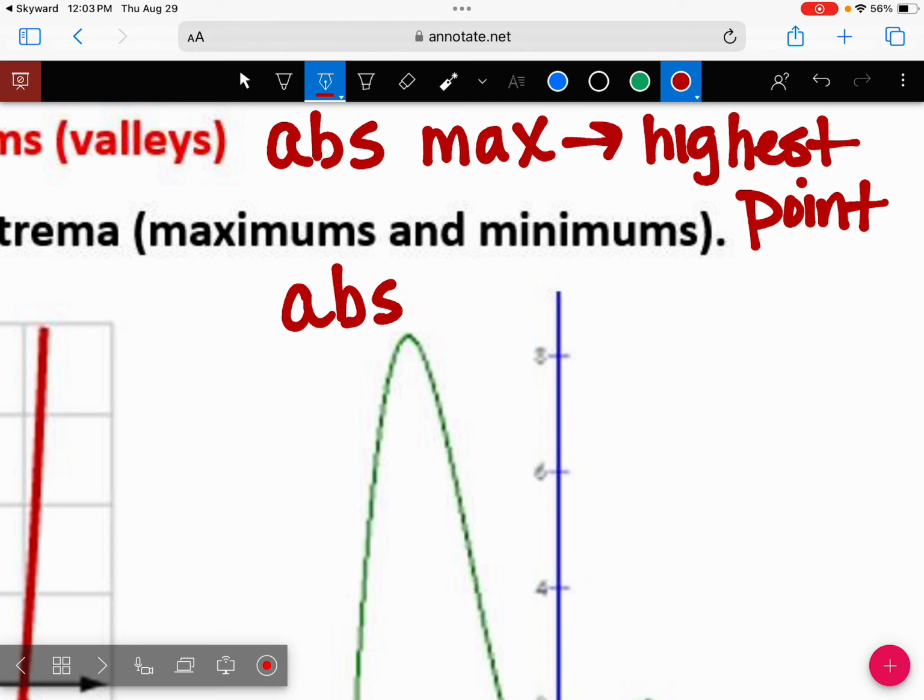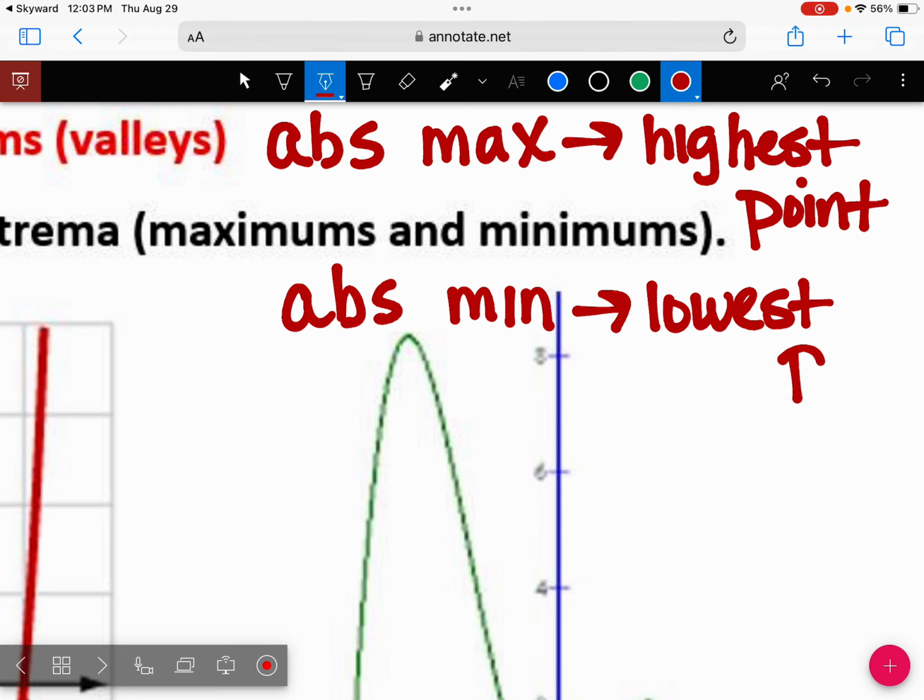And an absolute minimum is the lowest point. Not all graphs have both.